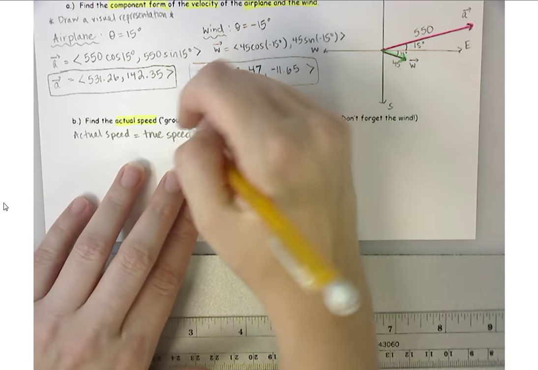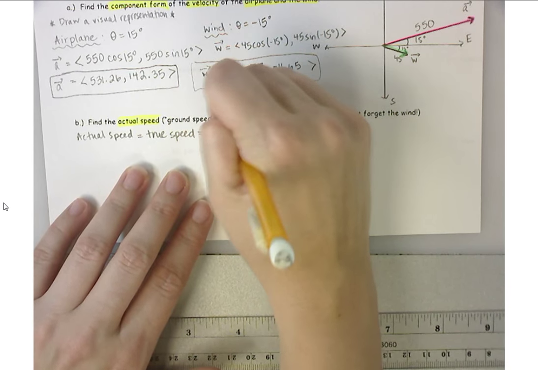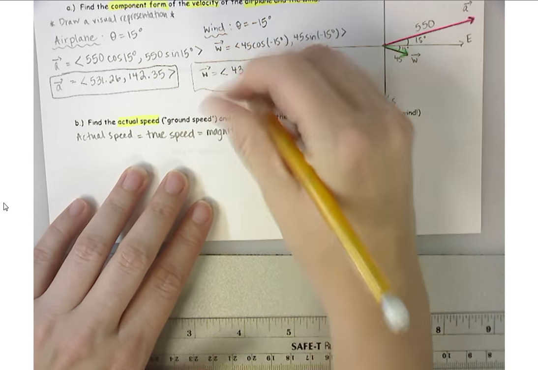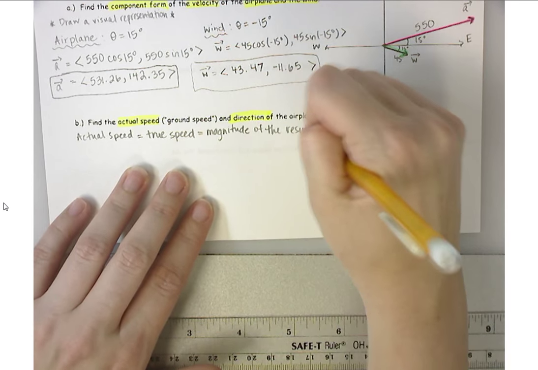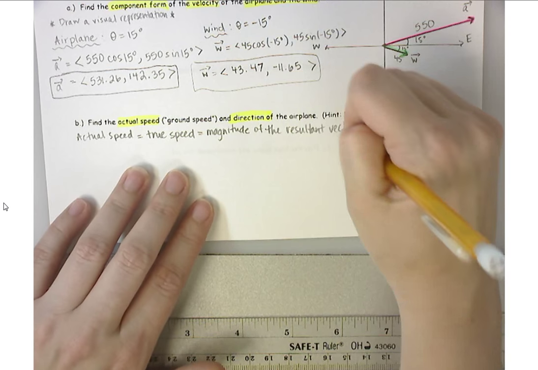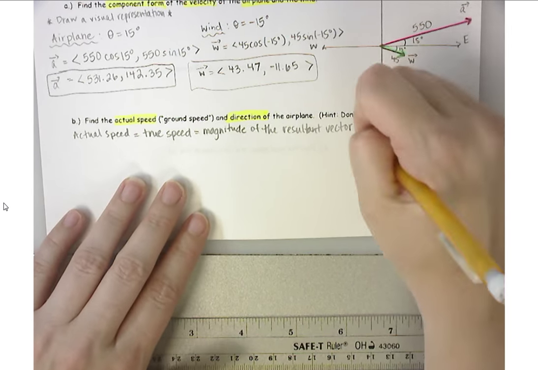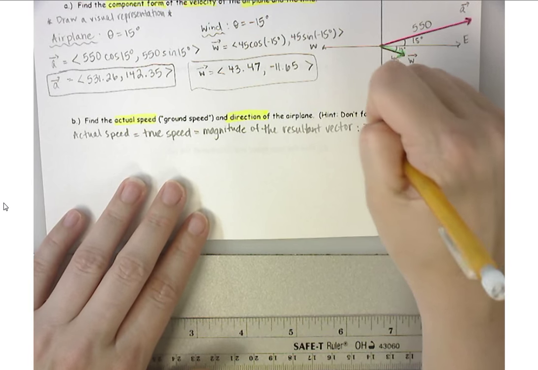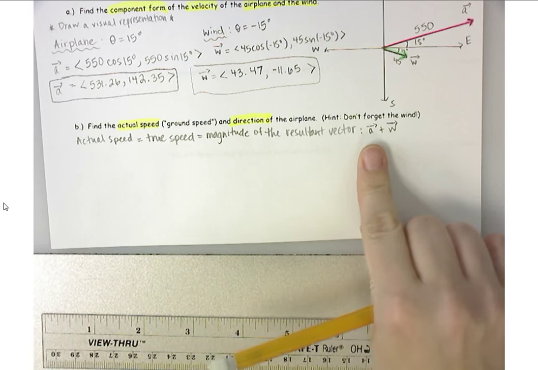That's going to be your true speed. And your true speed is the magnitude of the resultant vector, which is the airplane plus the wind.